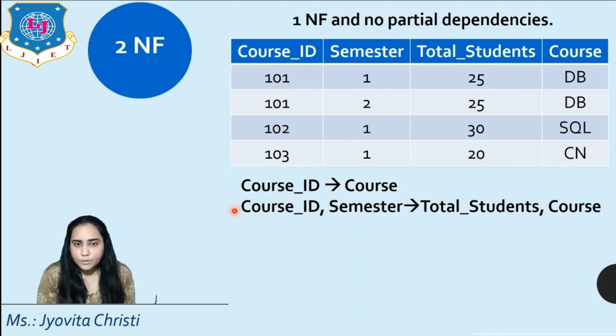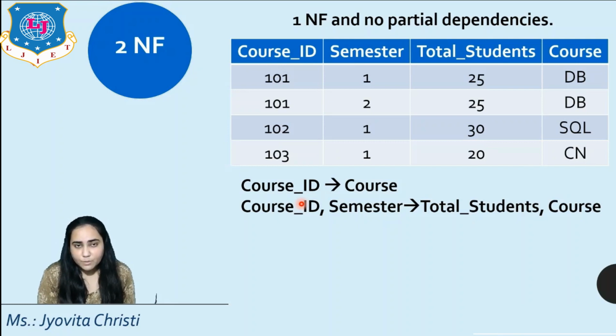And when you do so, you get a primary key which is formed by course ID and semester together, because those values are unique. For example, 101 and 1 together are coming only once, and 101 and 2 together are coming only once. Each combination of course ID and semester is unique.